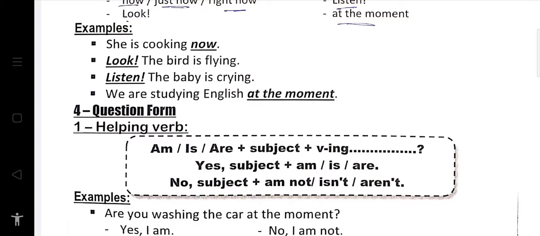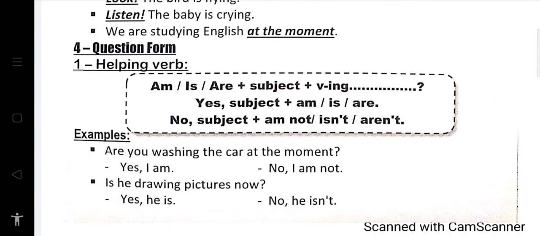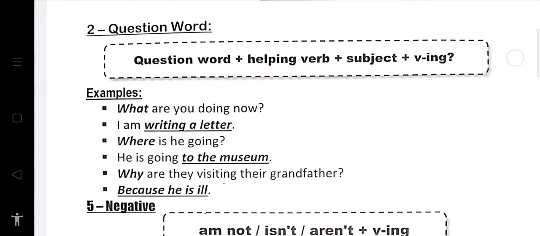And the answer must contain yes or no. Examples: are you washing the car at the moment? Yes, I am. Or no, I am not. Is he drawing a picture now? Yes, he is. Or no, he isn't.